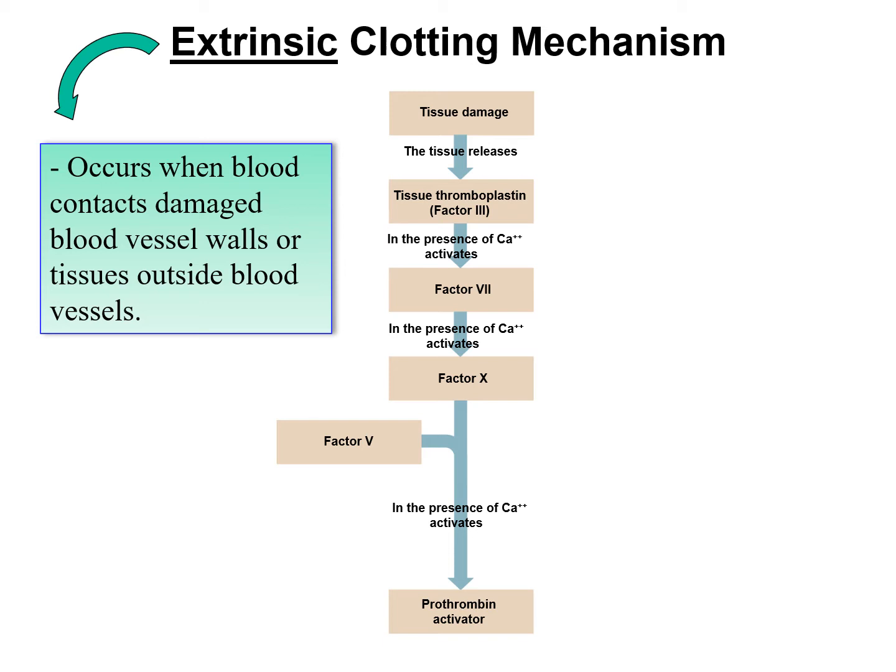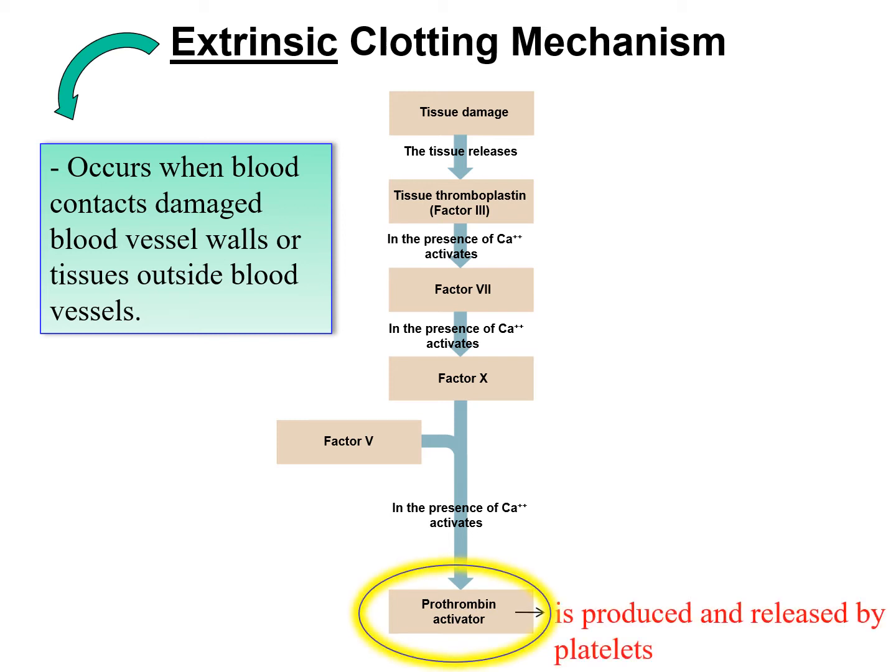So this is what I mean by a cascading series of reactions, one behind the other. It has to occur in a certain sequence, with the ultimate formation of this compound called prothrombin activator. This is a compound that is synthesized by platelets.